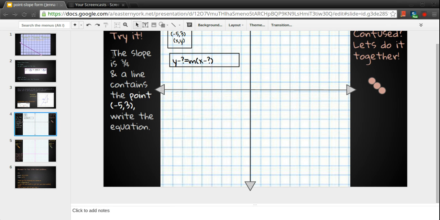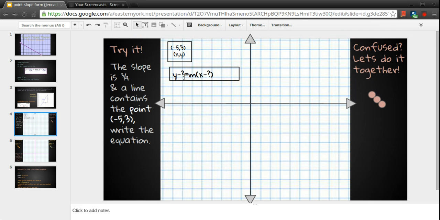Here is a problem. The slope is 3/4 and a line contains the point -5, 3. Write the equation. So x, y is right here, -5, 3. X goes right here.